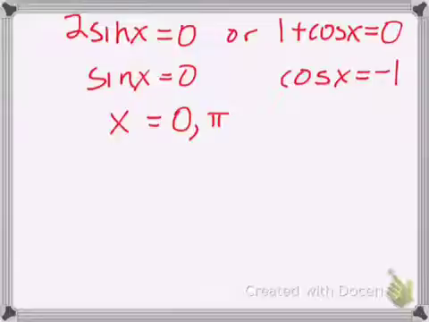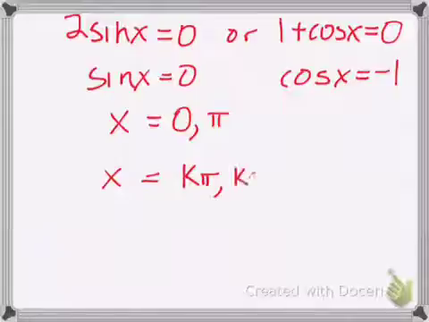So we could just write this as k pi, where k is any integer. Because 0 is an integer, 1 is an integer, 2 is an integer, and then we go in negative directions: negative pi, negative 2 pi, negative 3 pi. All those are solutions as well.